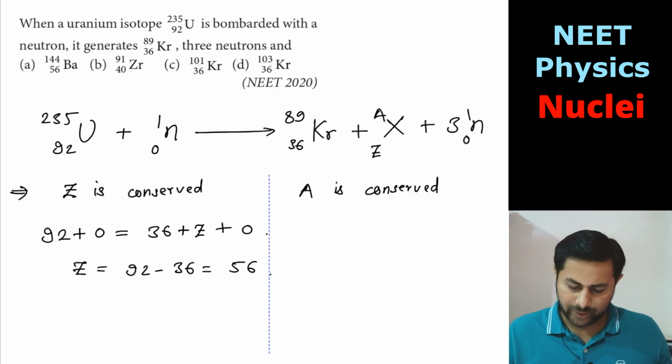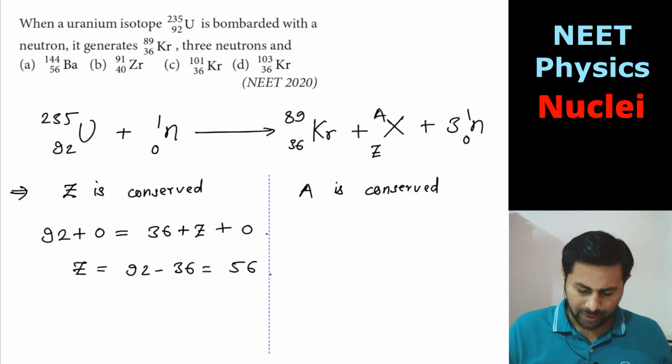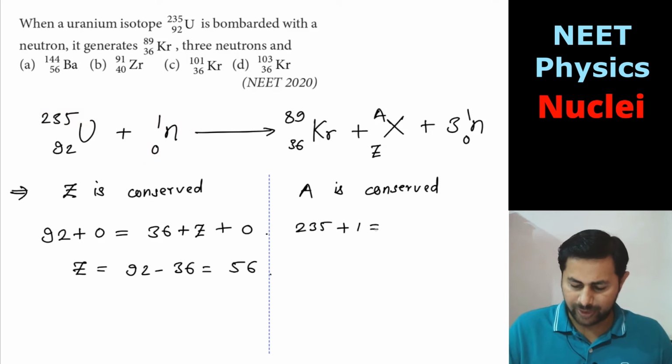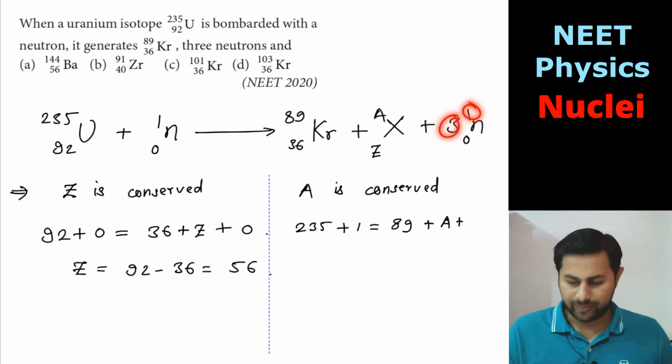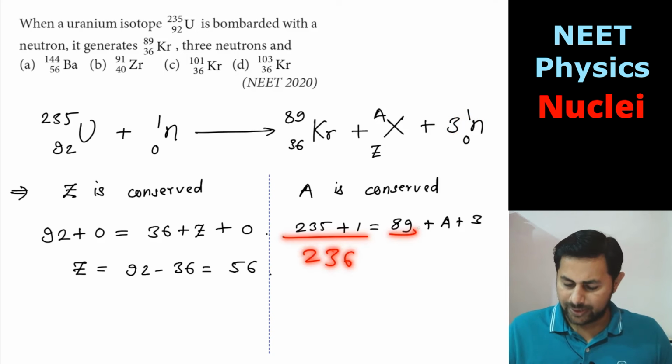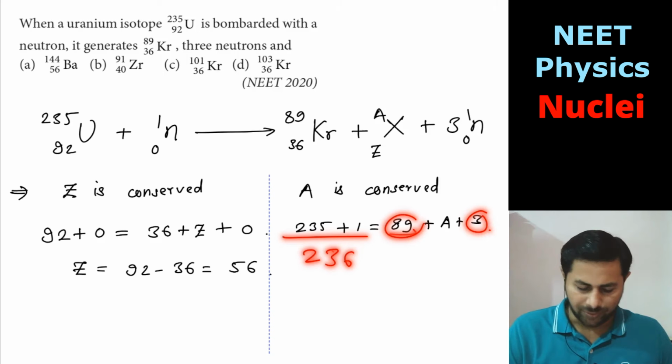So what is A here? What is mass number? 235 plus, this is only one neutron, so 1, plus 1 should be equal to 89 plus A plus 3 times 1, so that's 3. Therefore this is 236 minus, 89 plus 3 is 92, right?